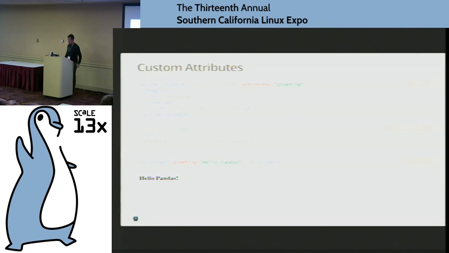So we can also have custom attributes on our elements, right? That way we can actually specify the greeting in our HTML markup. And the way you do that is simply there's an attributes attribute on the custom element definition, and that lets you specify the names of the attributes. You can put several there, just space separated.